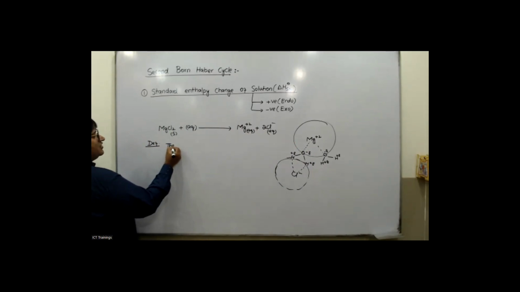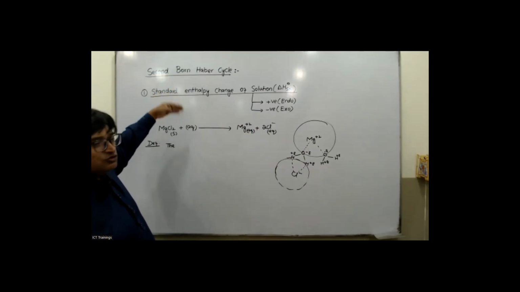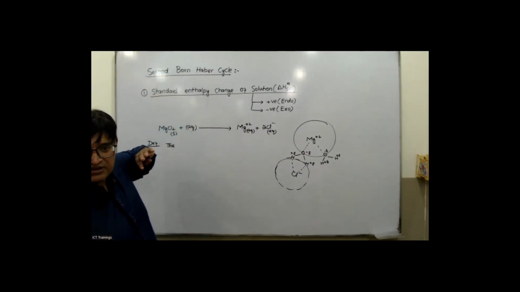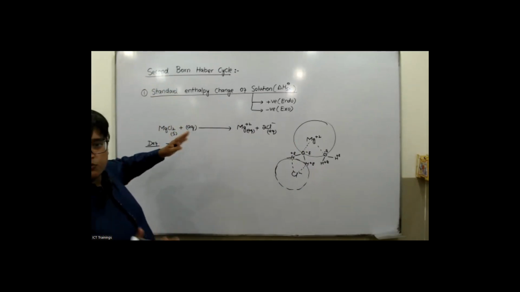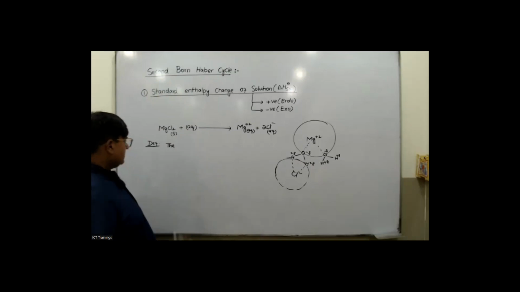Because in the second Born-Haber cycle, we have to use these enthalpy changes. These were present in your A1s as well. But here I am going to repeat it for you so that we will be able to draw the second Born-Haber cycle. Okay.